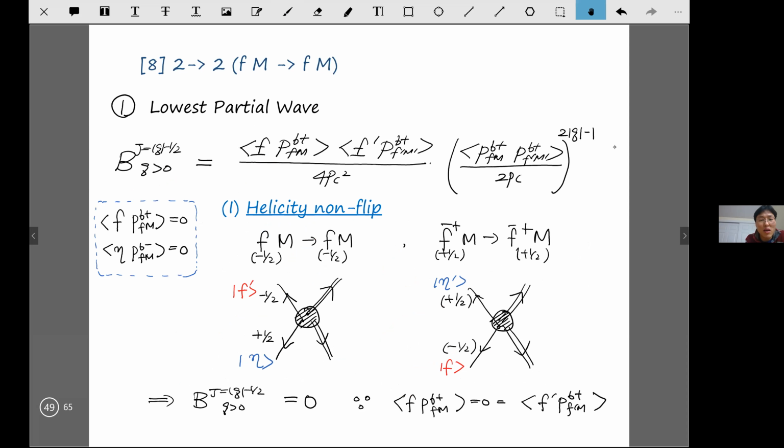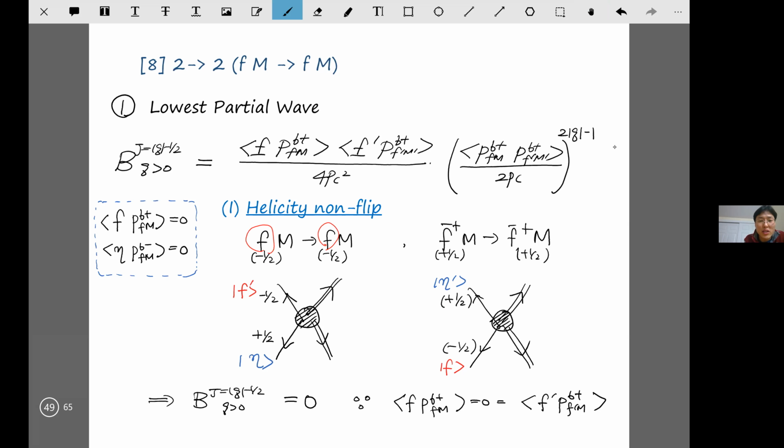So let's first look at the helicity non-flip process. In other words, you have f going into f. But if you do this in the in and out picture, if you do the out picture, the helicity for the in part should be flipped. So basically you're talking about plus half in the in state and minus half in the out state. Okay, so taking this limit is basically, for the in state, you take eta for the massive variable, and then you take f, the original fermion variable, for the out state.